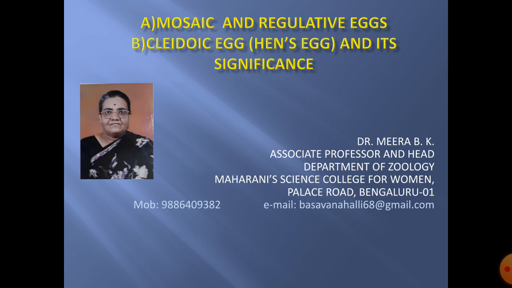If the calcareous shell is present, such eggs are called cleidoic eggs. Best examples being hen's egg, reptilian egg, etc. And if the shell is absent, such eggs are called non-cleidoic eggs, like amphibian eggs.